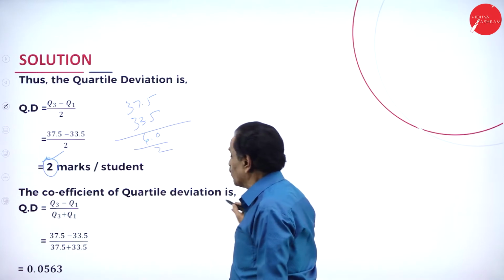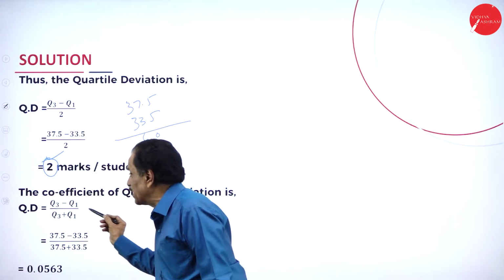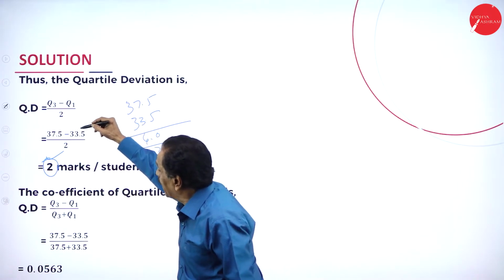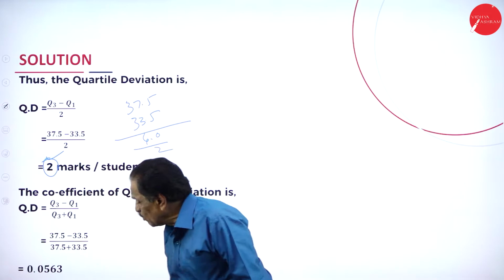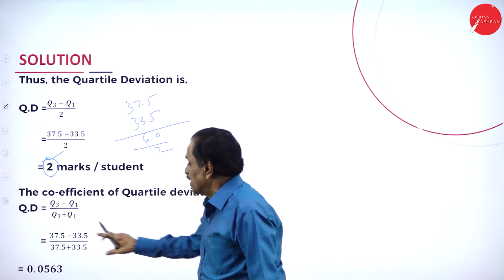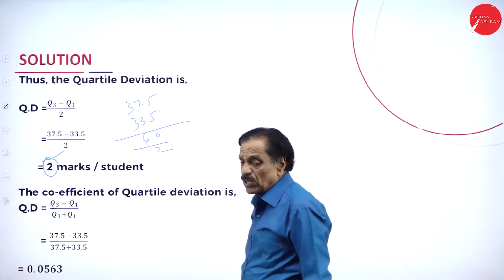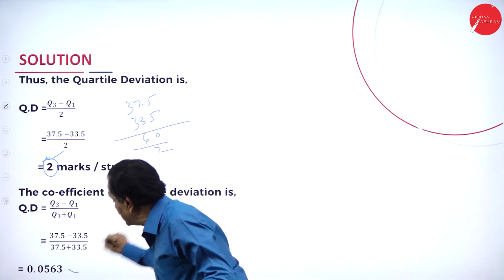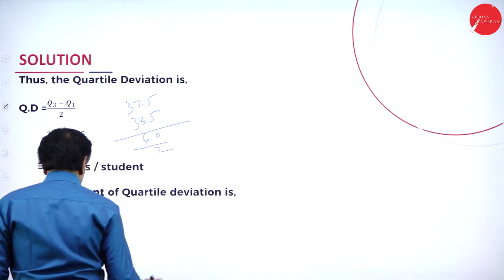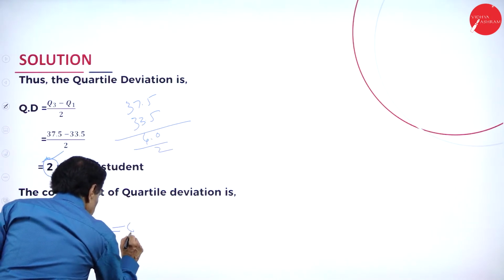So the coefficient of quartile deviation is Q3 minus Q1 divided by Q3 plus Q1. So 37.5 minus 33.5, and 37.5 plus 33.5. 37.5 minus 33.5 is equal to 4.